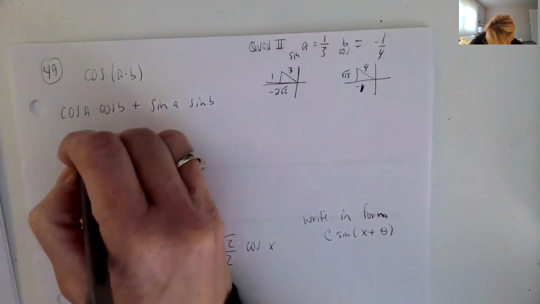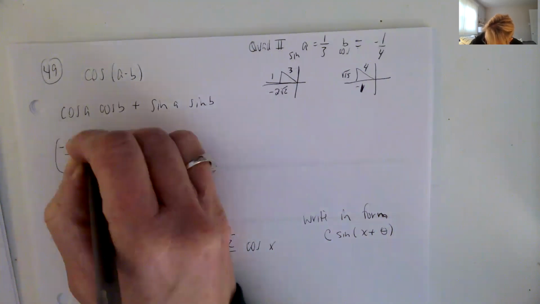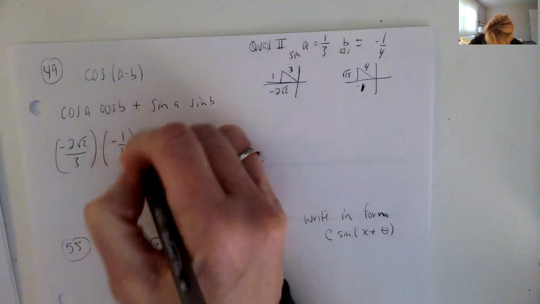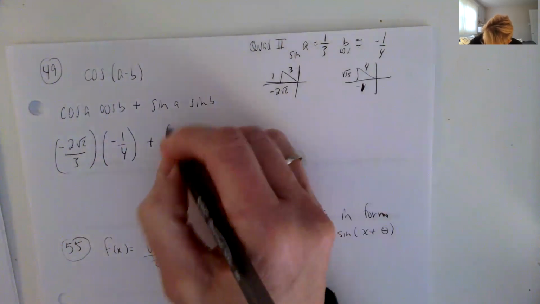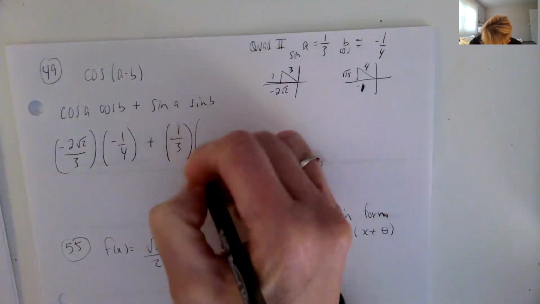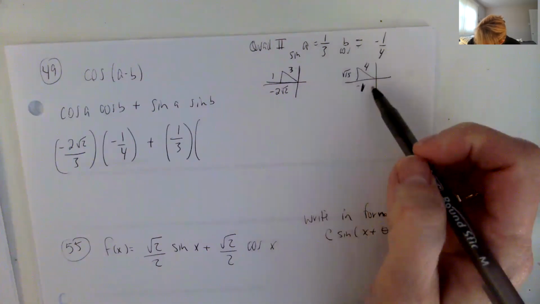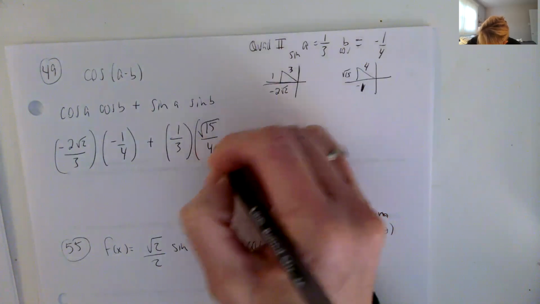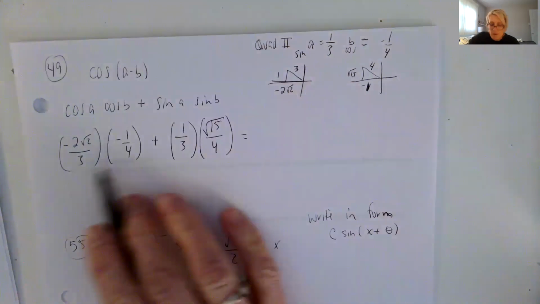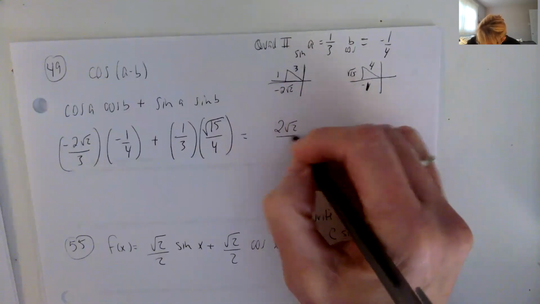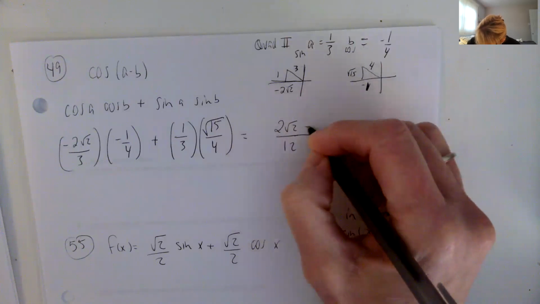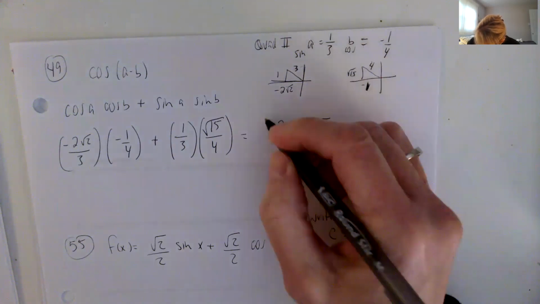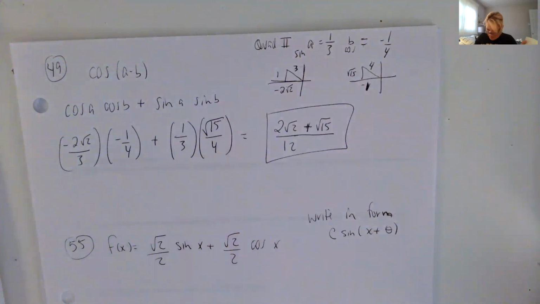So -2 square root of 2 over 3 times the cosine of B, which we know is -1/4, plus the sine of A, we already know is 1/3, times the sine of B, which is going to be the square root of 15 over 4. So we multiply those, we get 2 times the square root of 2 over 12. And common denominator, so we end up with 2 times the square root of 2 plus the square root of 15 over 12 for 49.